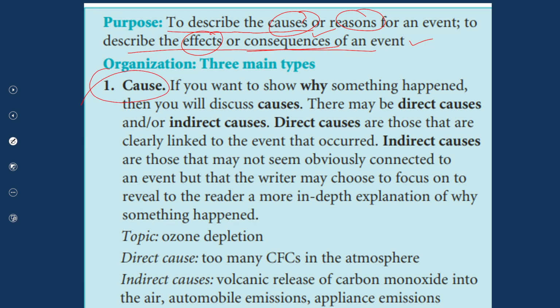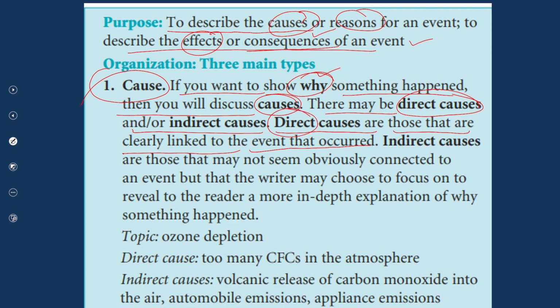Number one, cause. If you want to show why something happened, then you will discuss causes, because causes lead to effects. So this answers the question why. Now there may be direct causes and indirect causes. Direct causes are those that are clearly linked to the event that occurred.